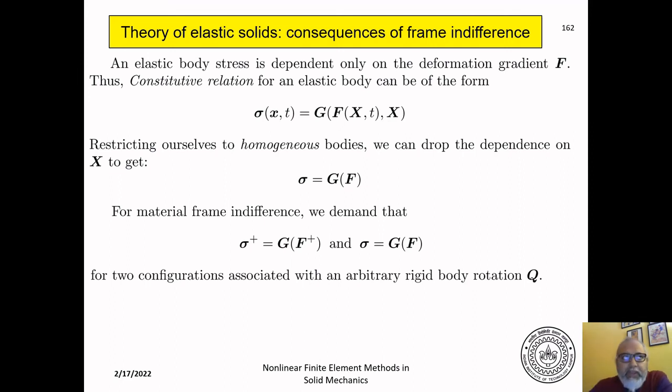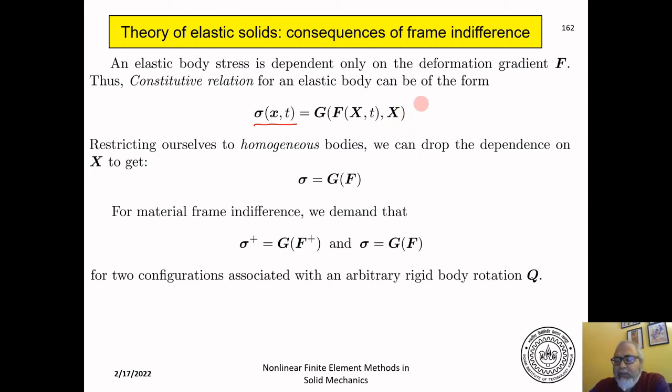One kind of constitutive equation that we will talk about quite a bit is that of elastic solids. So in elastic solids, the stress, let's say the Cauchy stress at a point in the deformed configuration, is given as a function of the deformation gradient and the position of the point, small x, in the reference configuration, that is capital X. So this is the form of elastic solid where the stresses depend only on the deformation gradient, nothing else.